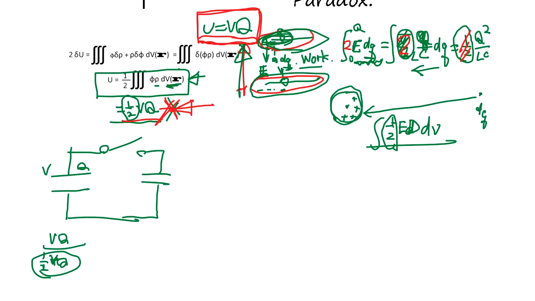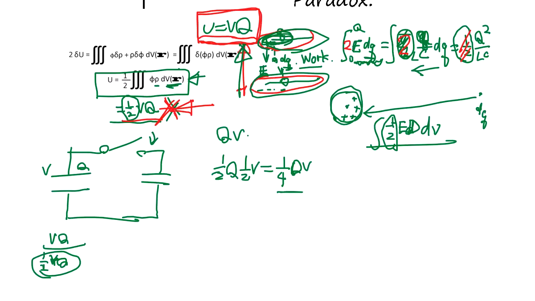When you turn on the switch, Q is spread, becomes half Q, and the voltage is half. So 1/4 QV. Originally we had QV.